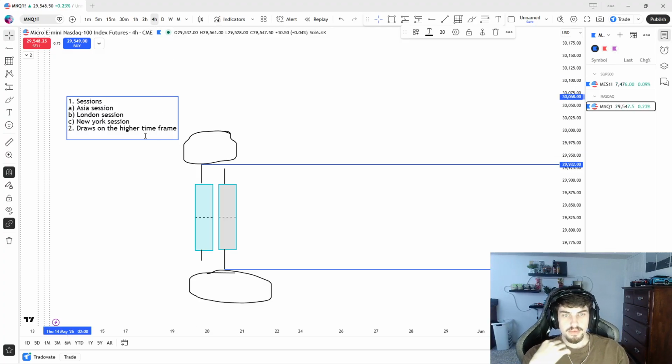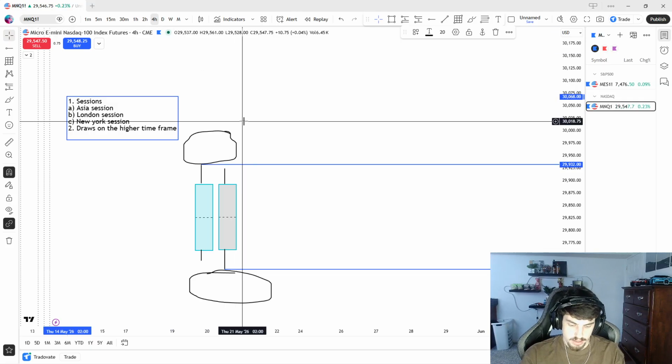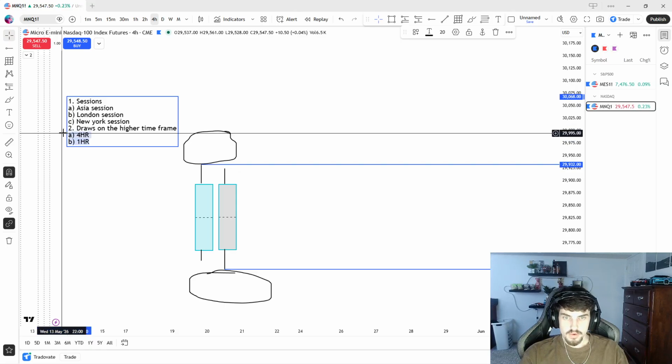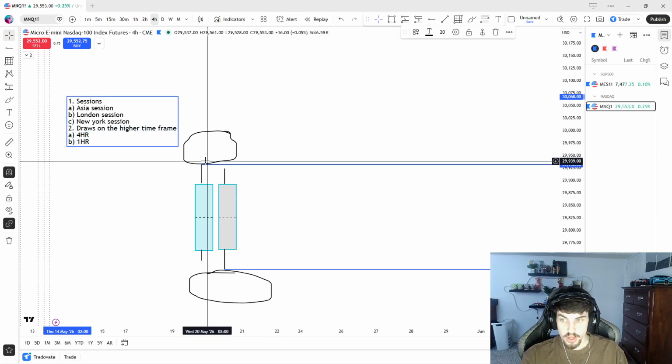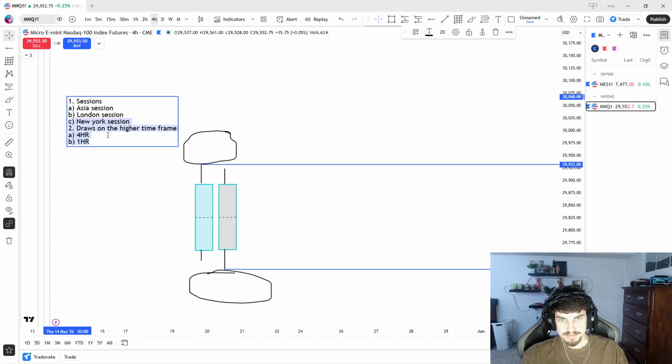So if we're looking at the highest time frames that we're using on a daily basis, I'm using A, the 4 hour, and B, the 1 hour. These are the time frames that we're using to determine our bias of where we're going to be moving and where the draws on liquidity are that are the highest probability for the day.